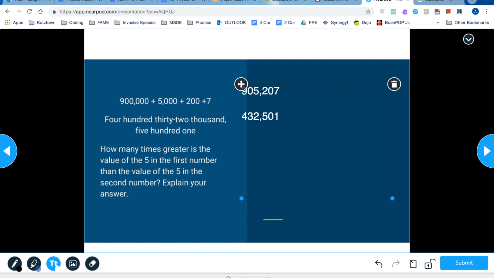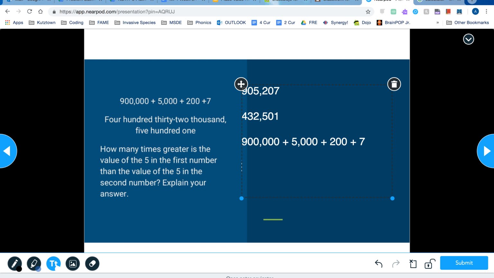Now let's put this expanded form on top of each other. That way we can easily compare. So it's already there for us. 900,000 plus 5,000 plus 200 plus, not minus, plus 7.